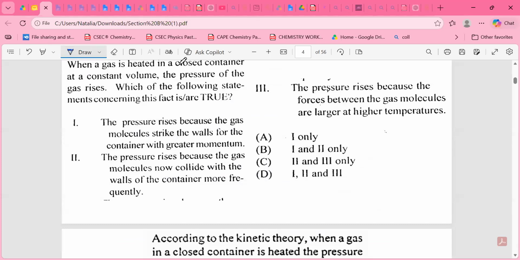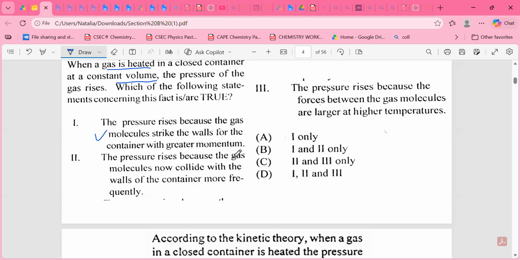When gas is heated in a closed container at a constant volume, we're dealing with the pressure law. The pressure of the gas rises when it is heated and the temperature increases. Which of the following statements concerning this fact is or are true? Pressure rises because the gas molecules strike the walls of the container with greater momentum. That's true.